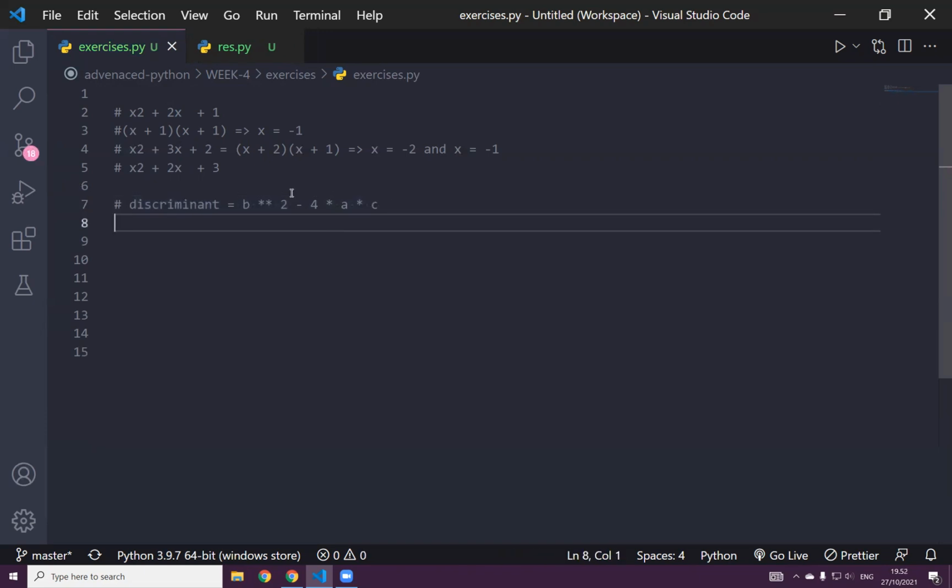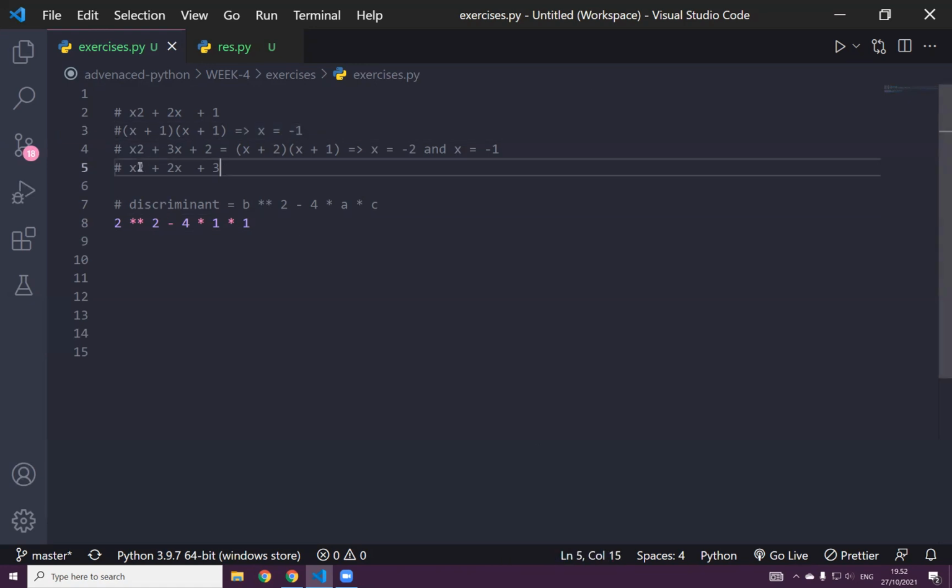What's b here? 2, then squared, and minus 4. A here is 1, right? Times c. C is also 1. So as you can see, 4 minus 4 is going to be 0. So it's going to have one solution. So it was right. Great.